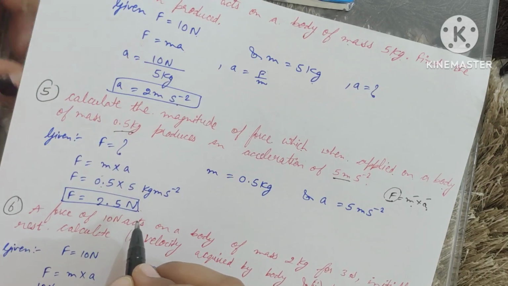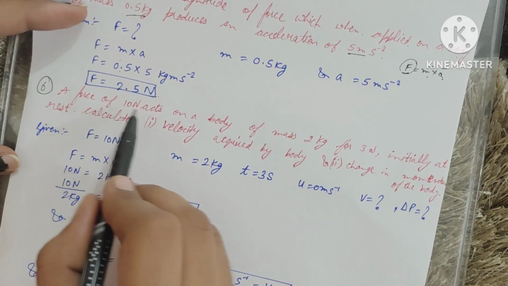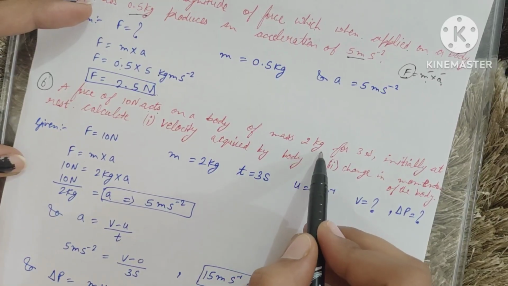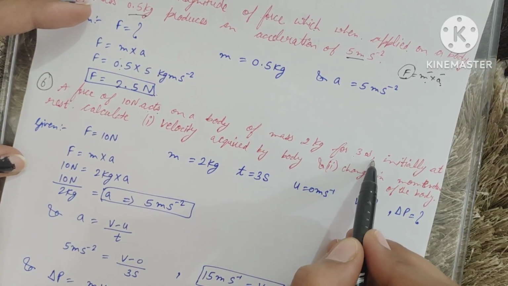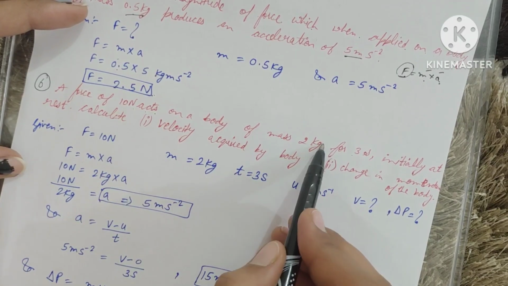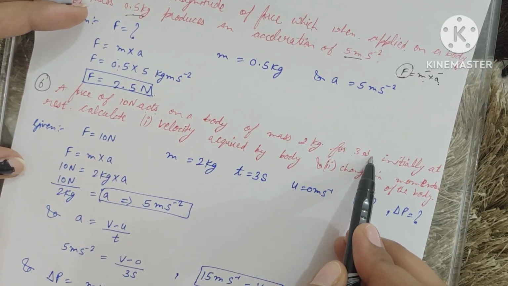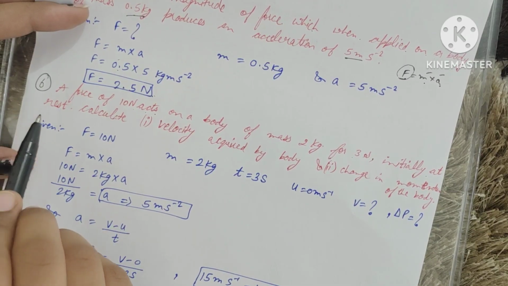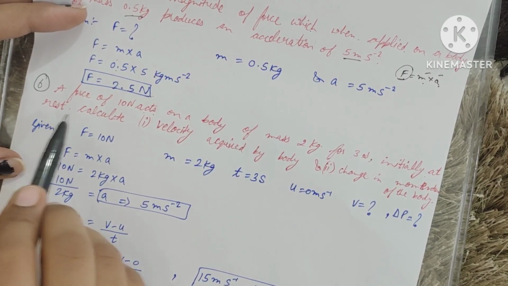Numerical number 6 now. A force of 10 Newton acts on a body of mass 2 kilogram for 3 seconds. Okay, force is given, the mass is given, for how much time it is acting it is given. Initially the body is at rest, means u is equals to 0.